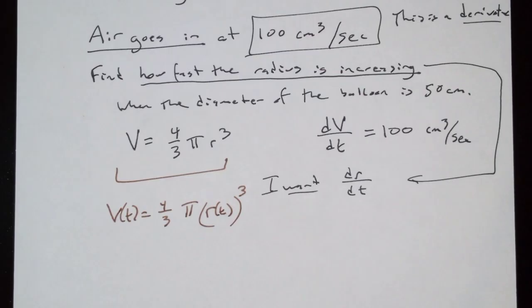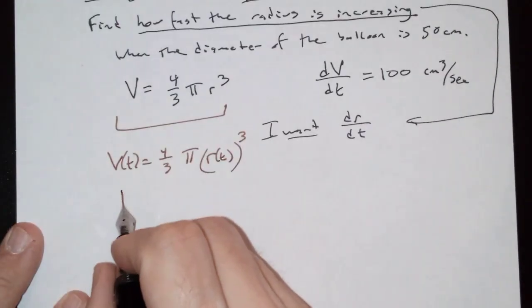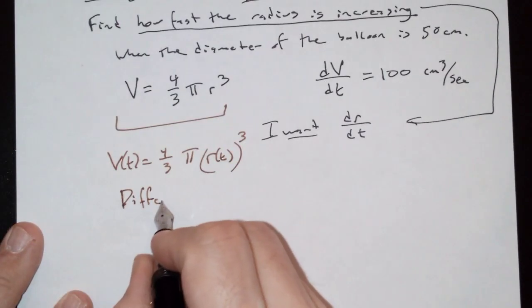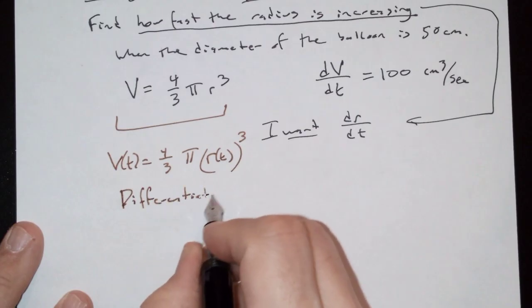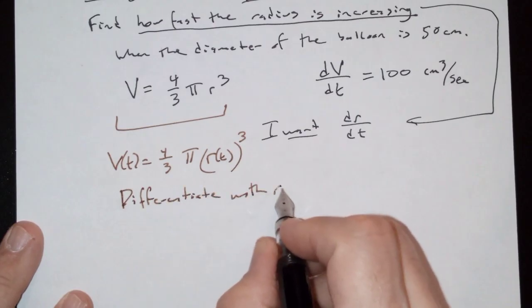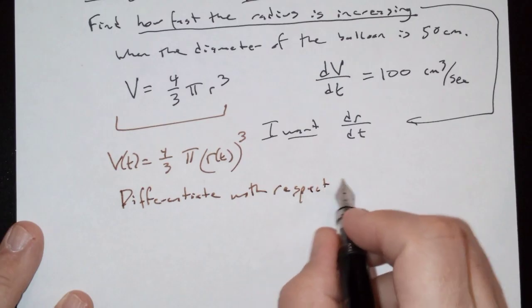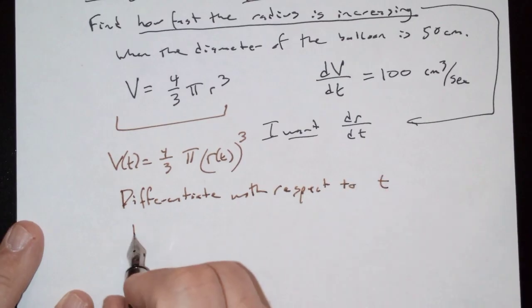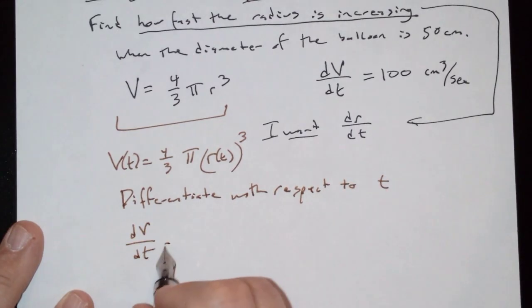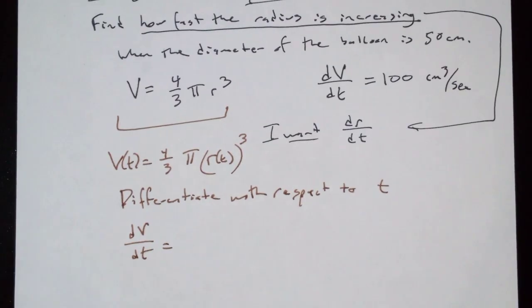If I take the derivative with respect to t, then on the left, I get dV/dt.